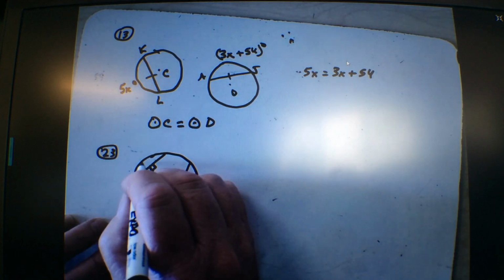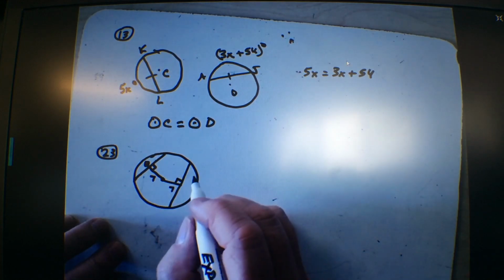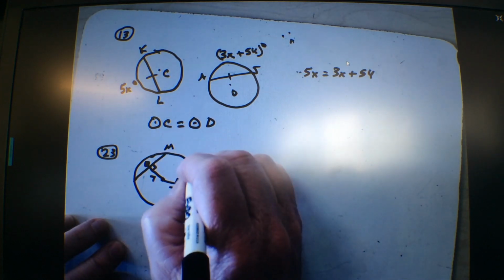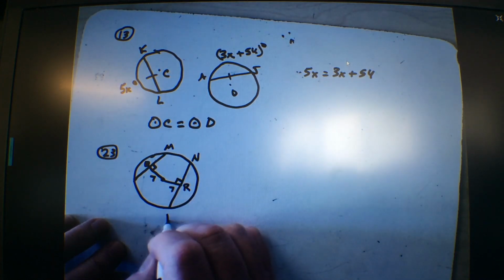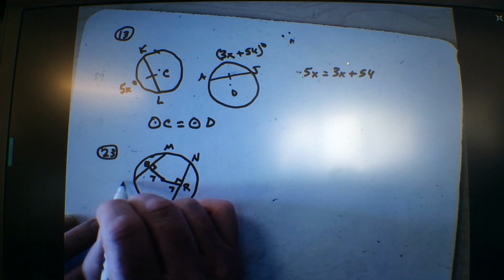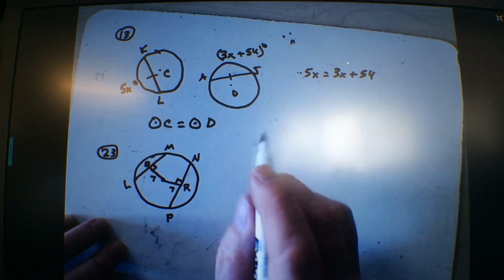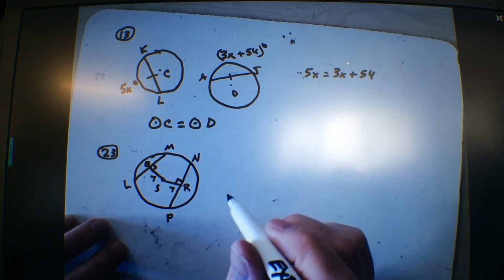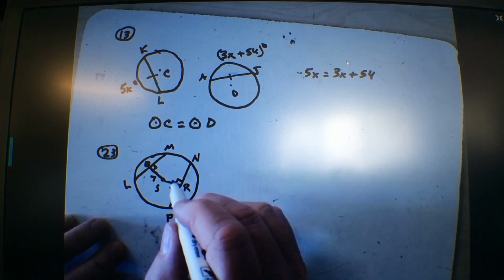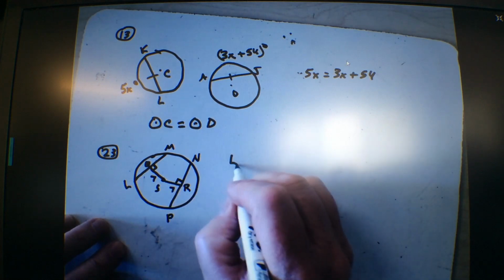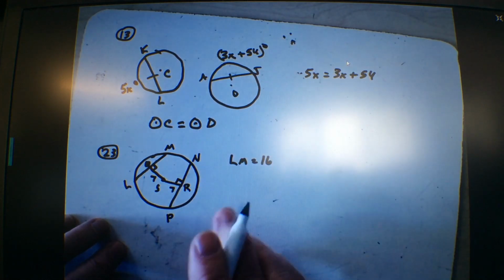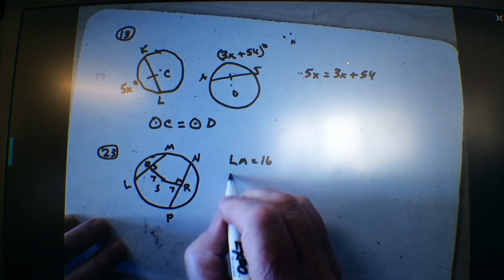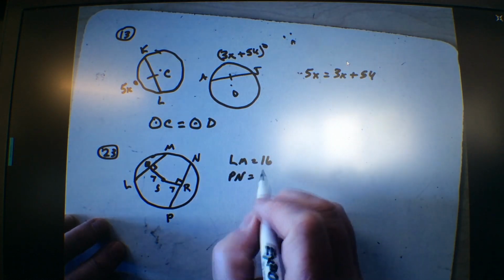This point is Q, and this point is R. This is M, and this is N, and this is P, and this is L. So the question says, in circle S, LM equals 16. I'm not going to label that because they get kind of cluttered. And PN equals 4x.